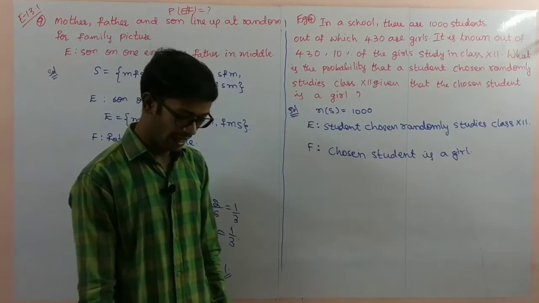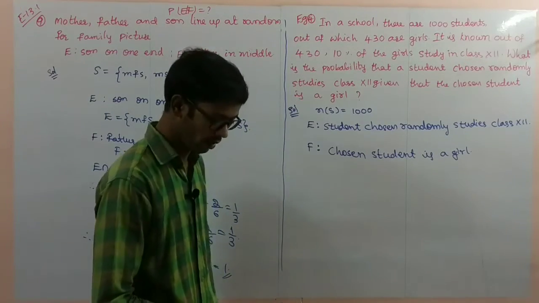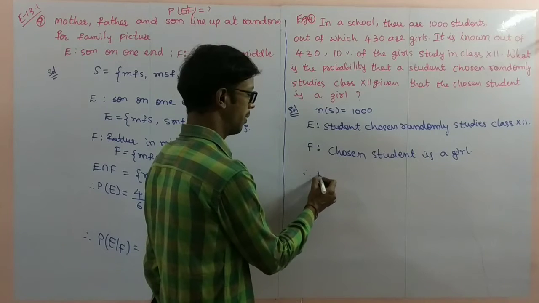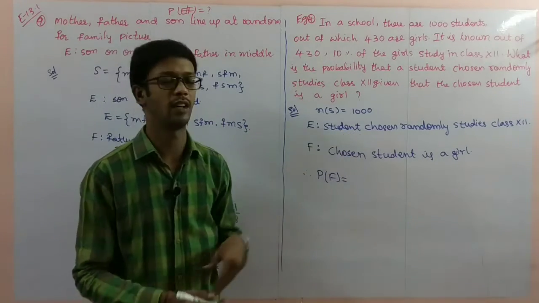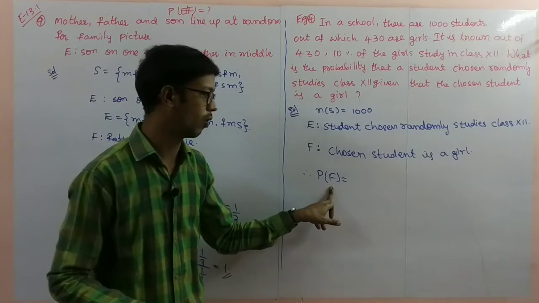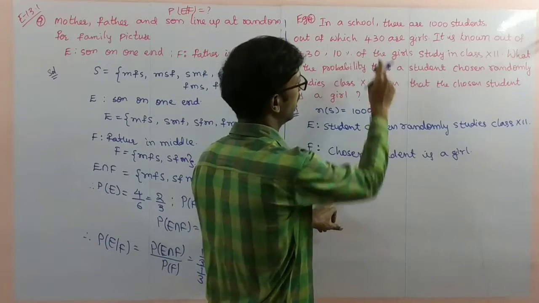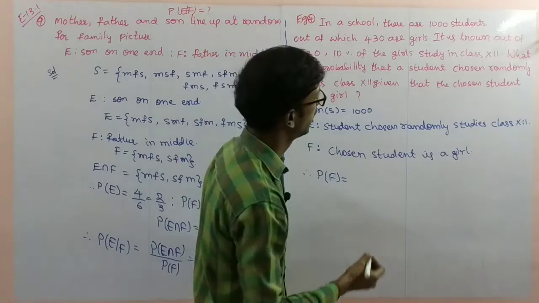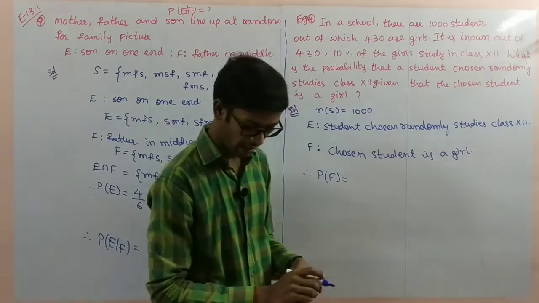So first of all I'll write probability of F. We don't know probability of E, the number of students who study in class 12. So probability of F: what is F? Student chosen is a girl.